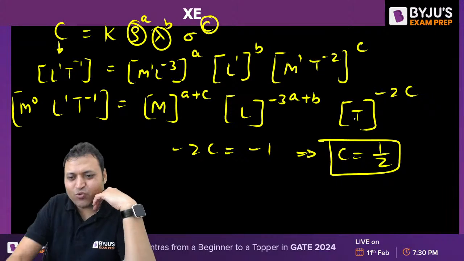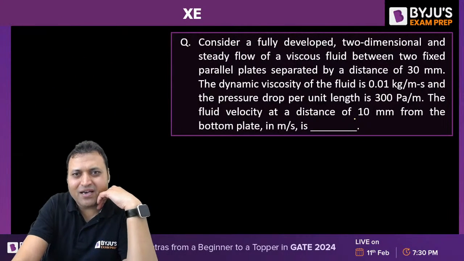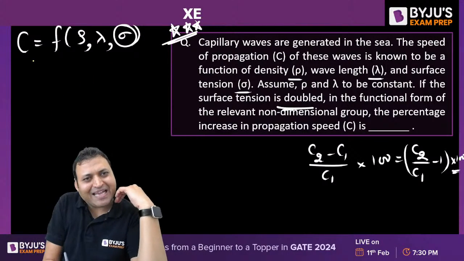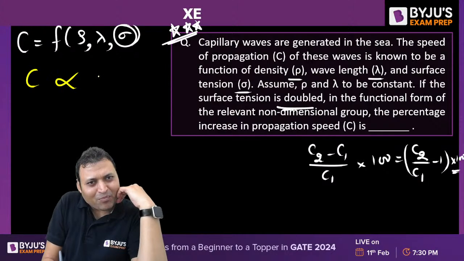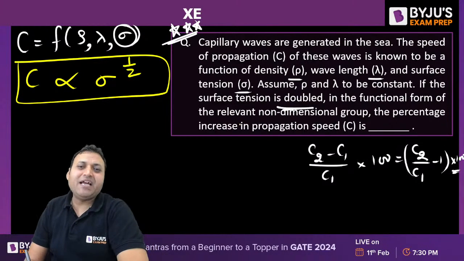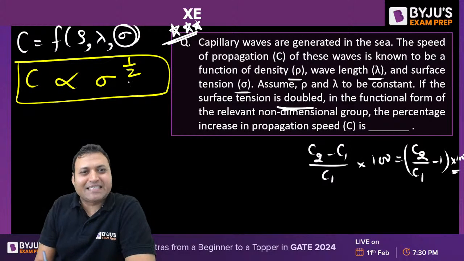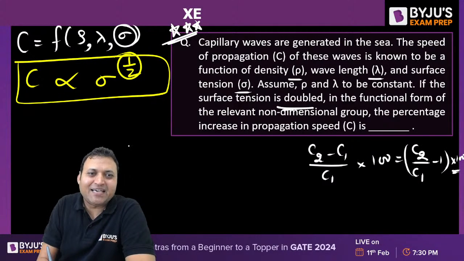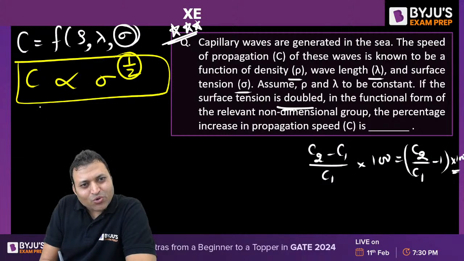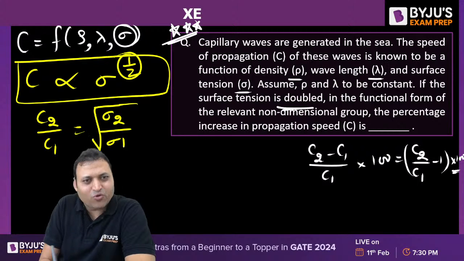So because C is 1 by 2, we can say C will be proportional to sigma to the power 1 by 2. The speed of propagation of the wave is directly proportional to sigma to the power 1 by 2. That is C, isn't it? So if we want to find out C2 by C1, then it is sigma 2 by sigma 1 under root.